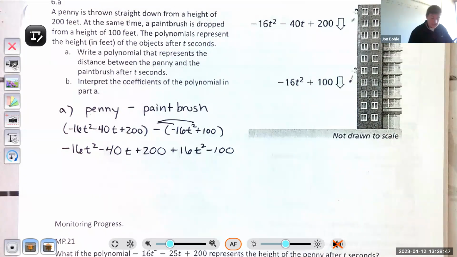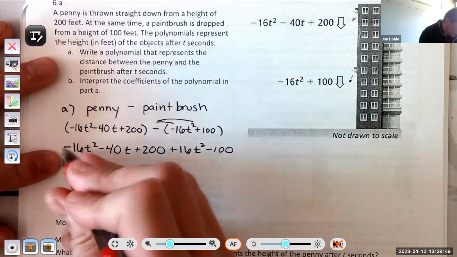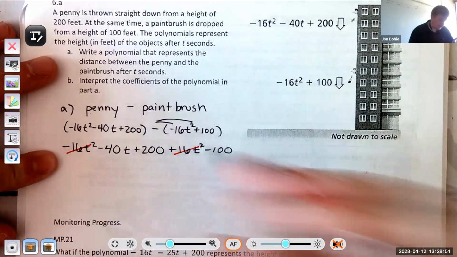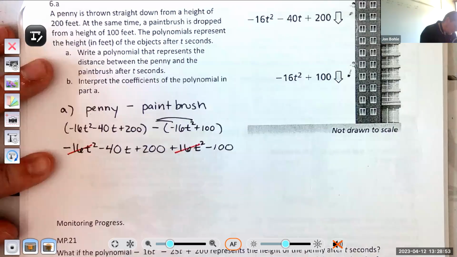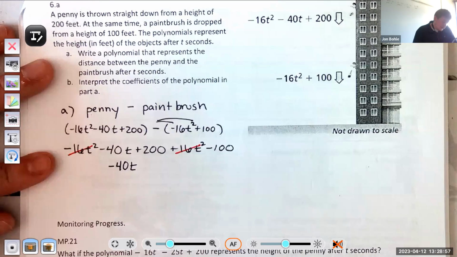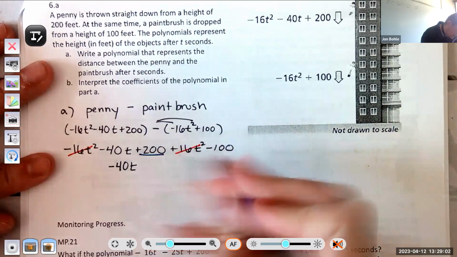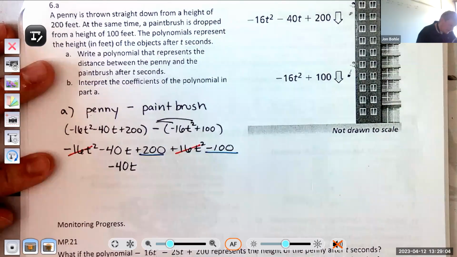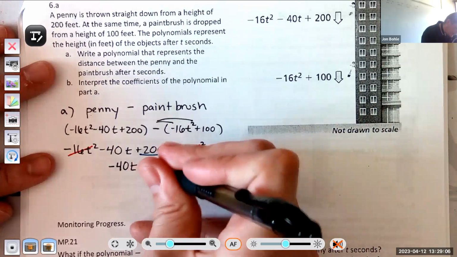And then I combine the parts. So here my negative 16t squared and positive 16t squared cancel out. Negative 40t has no pair, so it's going to be just negative 40t. And then 100 and 200 can combine. So 200 and negative 100 are going to combine into positive 100.